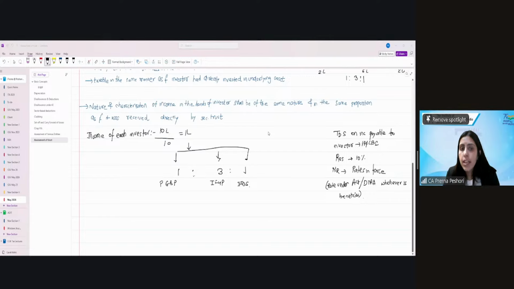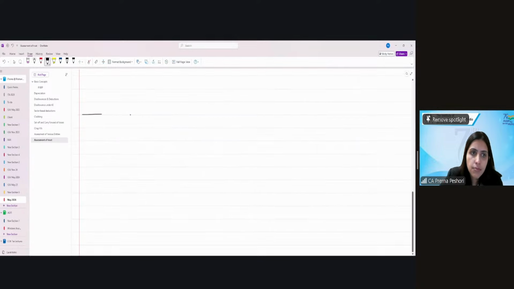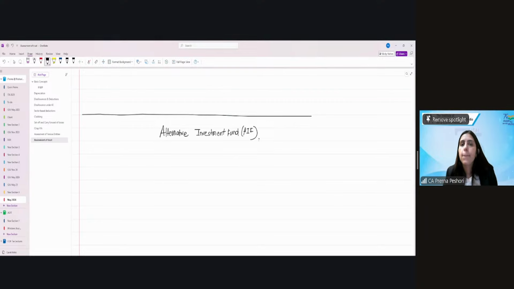Okay. Now after the securitization trust, we move on to AIFs, alternate investment funds. Now what are AIFs?